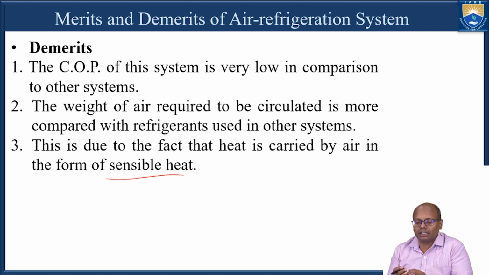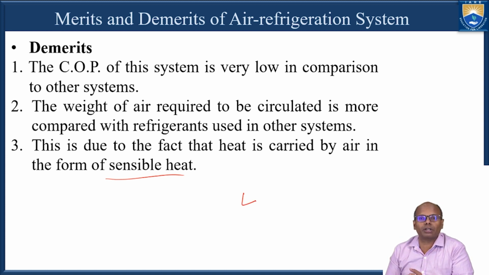Here it is in the form of sensible heat. In a reversed Brayton cycle, there is no change of phase. As I stated in the beginning of this discussion, there is no change in phase. But in case of the vapor compression refrigeration cycle, there is a change of phase. So when there is a change of phase, you can use the latent heat.